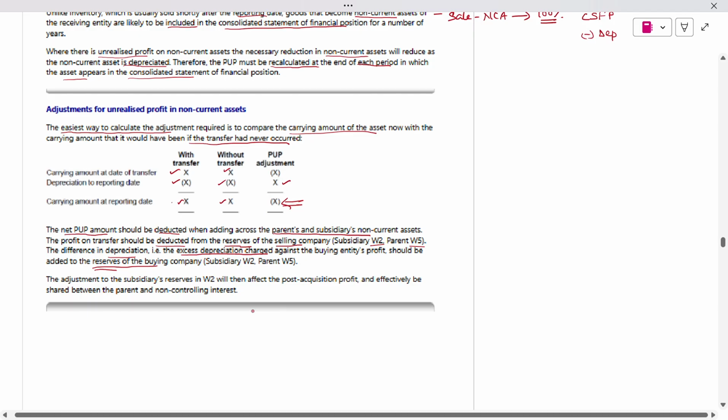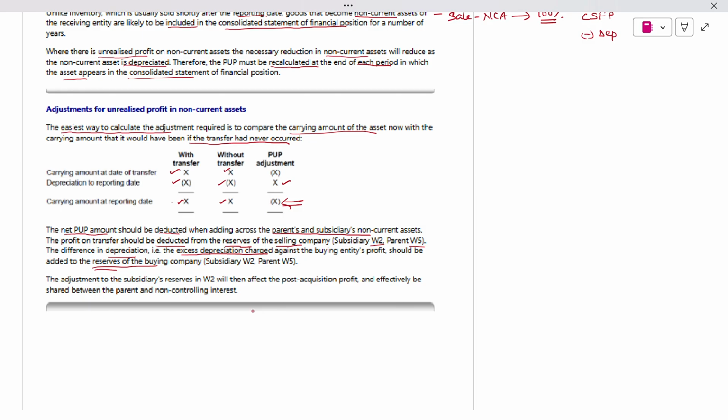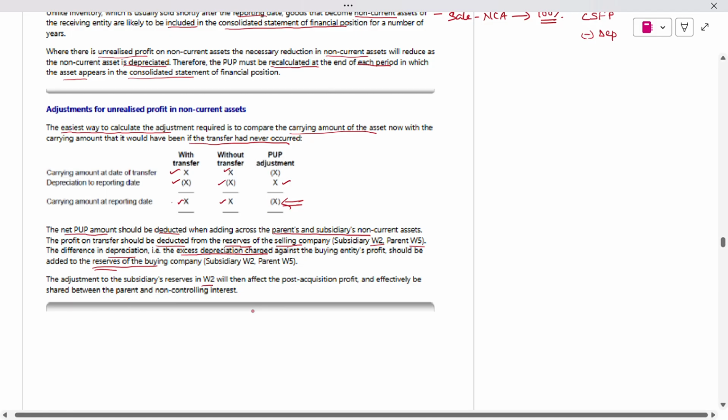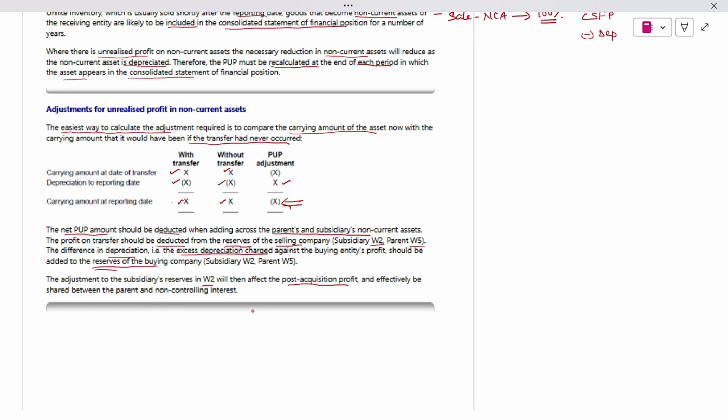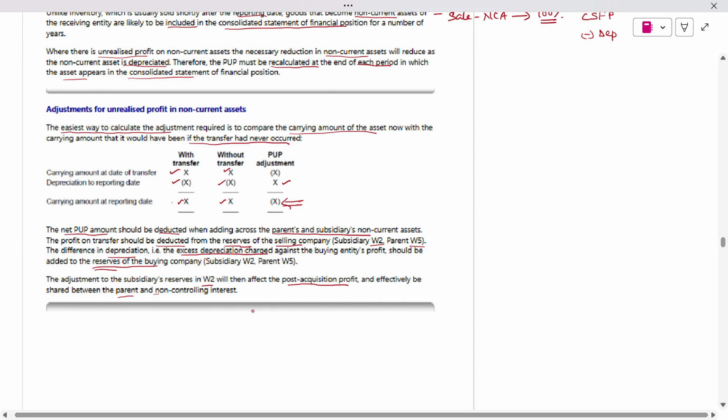If there is any additional depreciation, deduct it from the reserves. The adjustment to the subsidiary reserves, working 2, will then affect the post-acquisition profit. Definitely, the last column will get affected and effectively shared between the parent and the non-controlling interest.